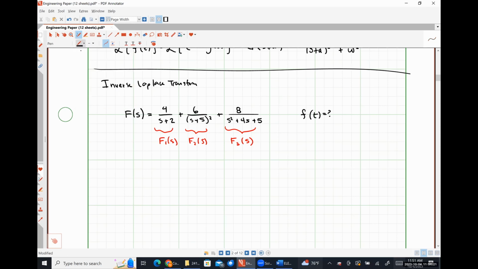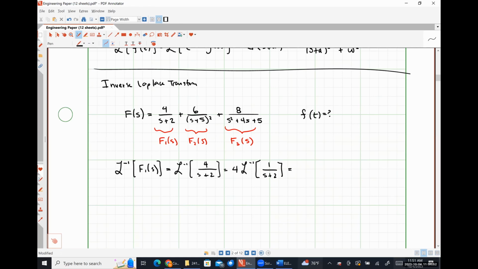So the inverse Laplace transform of F1 of s would be the inverse Laplace transform of 4 over s plus 2, or 4 times the inverse Laplace transform of 1 over s plus 2.